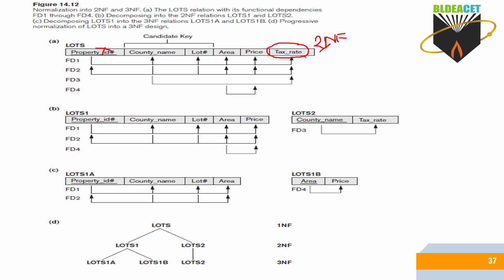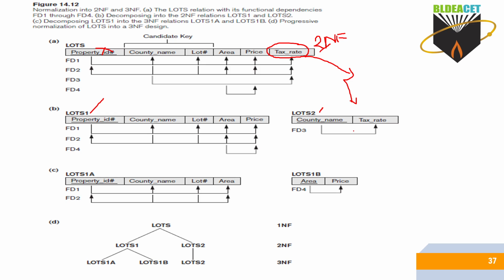That attribute you have to separate from the given relation, and create a new relation. That relation contains this attribute along with your candidate key, the county key. So you decompose this relation into two relations, 1 and 2.